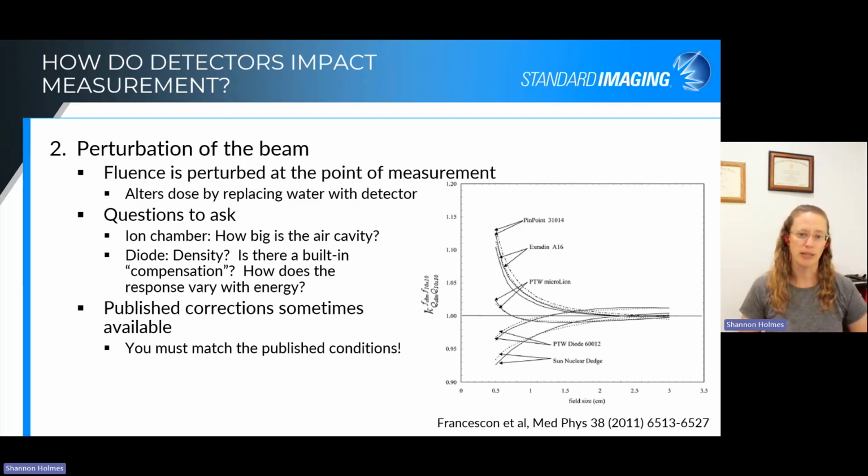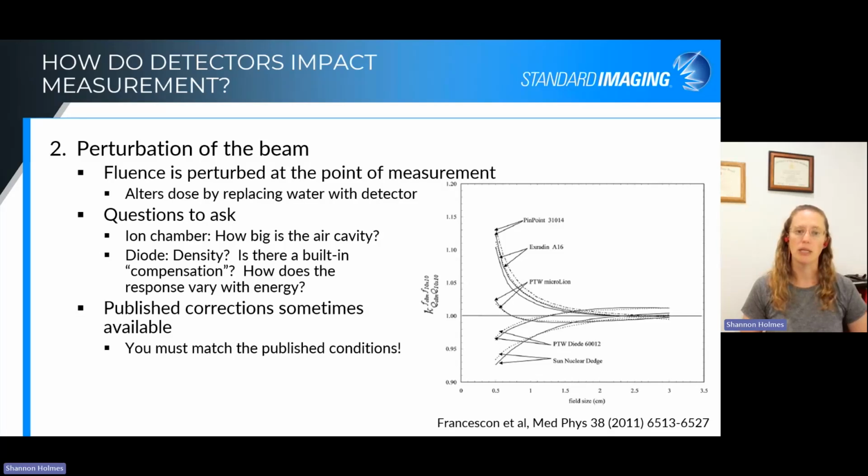Diodes also very frequently have energy dependencies. So knowing if you have one that varies very quickly, or that's a little bit less energy dependent, is important as well. There are published corrections sometimes available for these detectors. There's one from Paulo Francescon shown at the right here. The critical part with published corrections is that sometimes these are very specific to the configuration or the setup or the energy that was used in the publication.